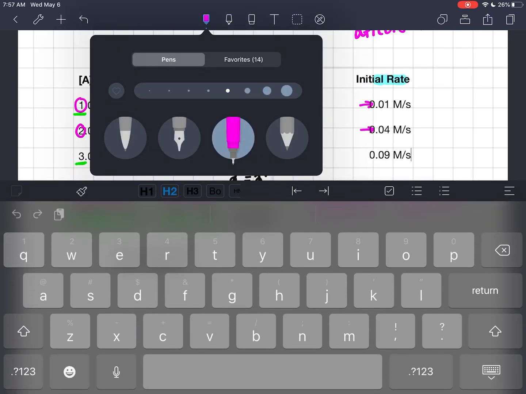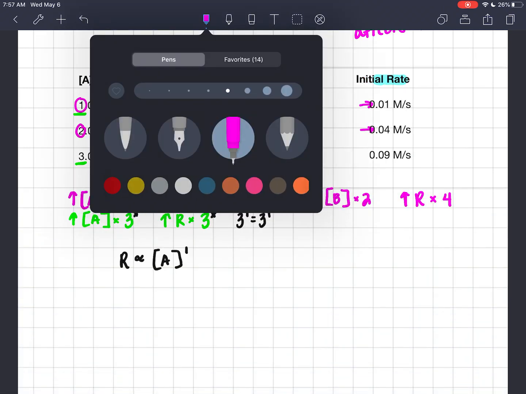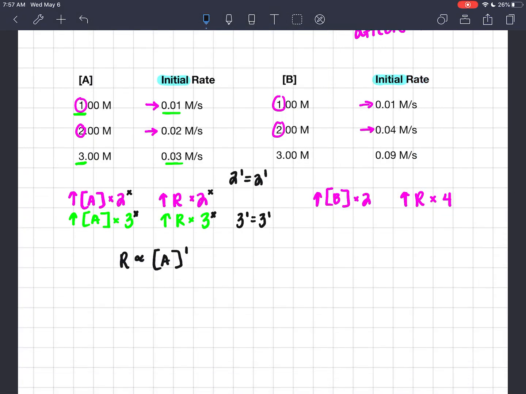Now this is interesting because you might be noticing my exponent cannot be 1 on this factor of change right here. I'll use y to be a little bit different from x for A. So what power does 2 have to be raised to get me a change of 4 in my rate?